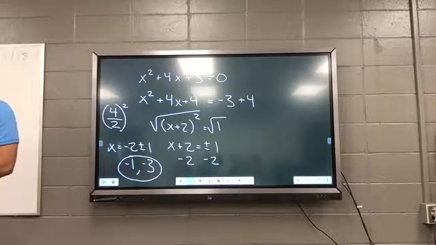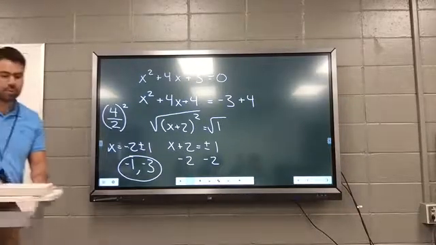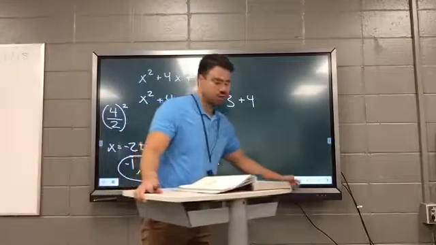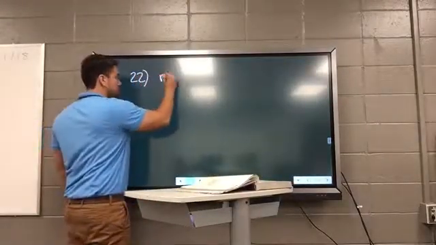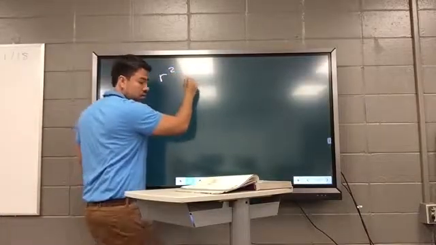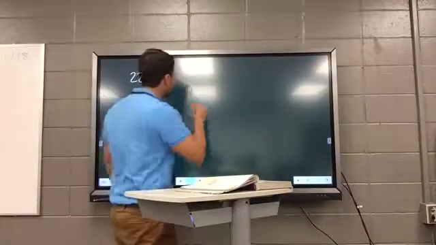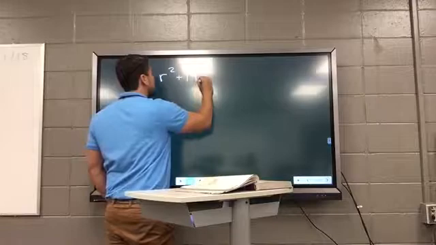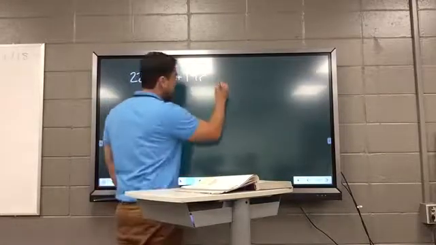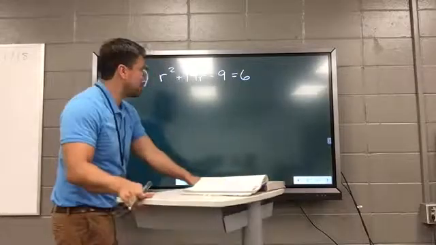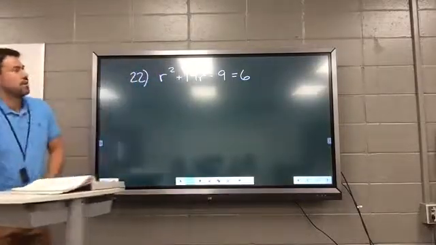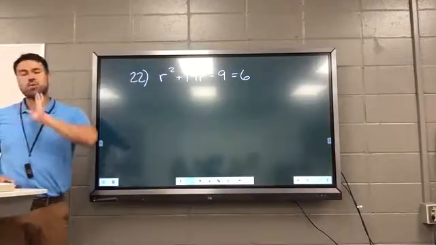Number 22. Let's do that one together. Number 22 on page 746. Plus 14r minus 9 equals 6. All right, so this one's a different variety, but we haven't encountered it before. Yeah, let's just go completing the square.